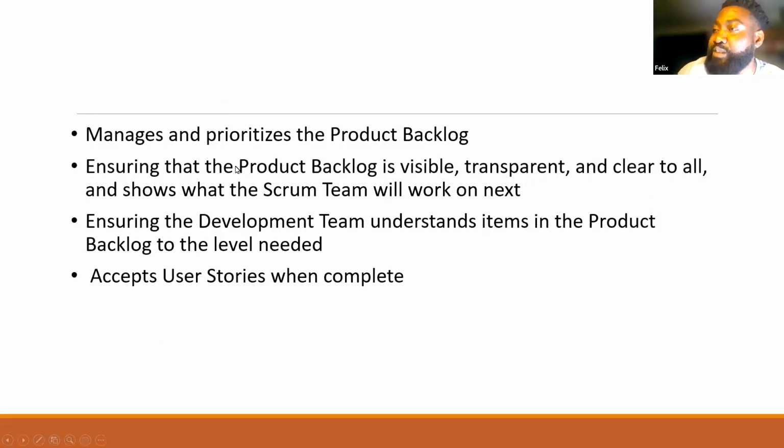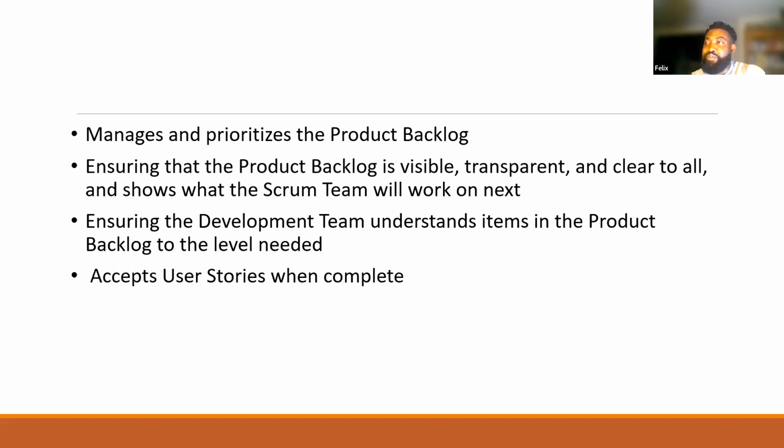The product owner manages and prioritizes the product backlog. So when we hear product backlog, the person who owns it is the product owner. We should always have that in the back of our mind. Nobody owns the product backlog but him or her. The stakeholders don't own the product backlog. It is the product owner who owns it.